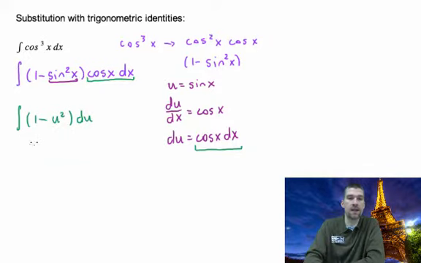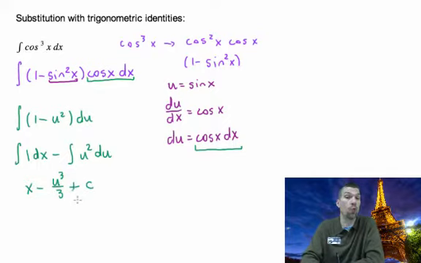Okay. And when I integrate this guy, then I'm actually integrating 1 dx minus u squared du. Antiderivative of 1 is just going to be x minus, antiderivative of this guy would be u cubed over 3 plus c.